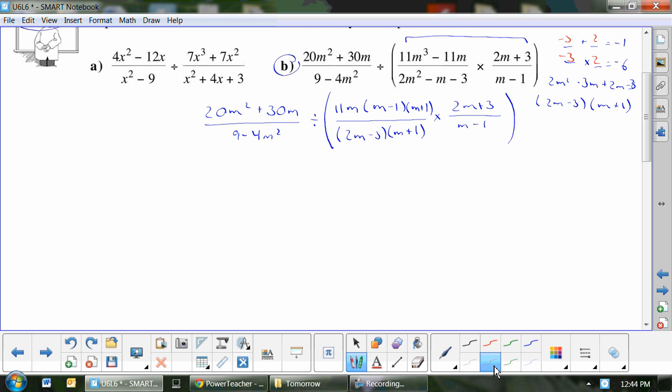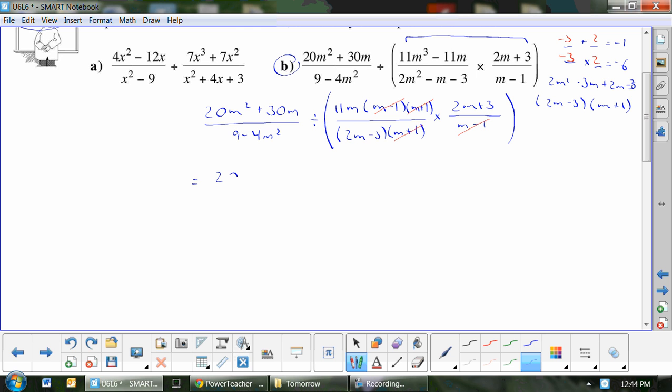So before we multiply, we want to start canceling out common factors. So we go, okay, well, we don't have any lone m's in the denominator. We don't have any multiples of 11, but we can cancel this out, and we can cancel this out. 2m plus 3, 2m minus 3, we have to leave those.